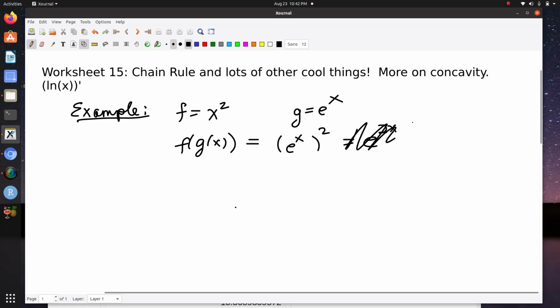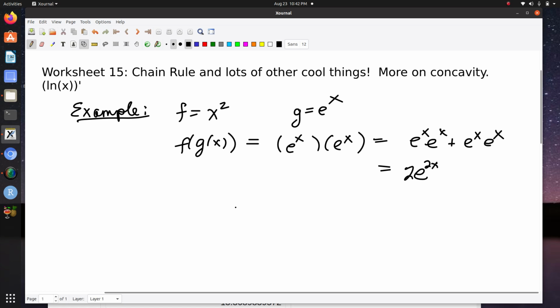In this case we could use a product rule trick: first times the derivative of the second plus the second times the derivative of the first. And that means we get 2 e to the 2x. This was e to the x squared.